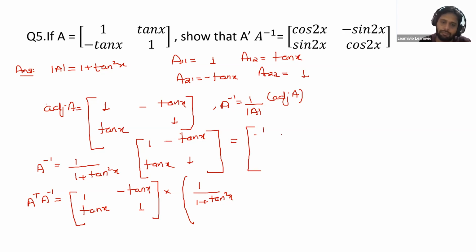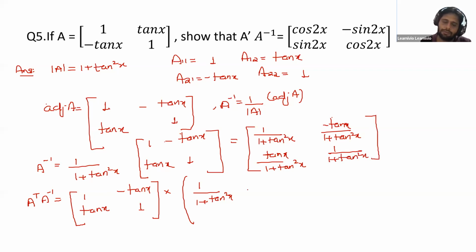So we will get 1 by 1 plus tan square x, next is minus tan x by 1 plus tan square x, tan x by 1 plus tan square x, and 1 by 1 plus tan square x. Okay, so this is the end.